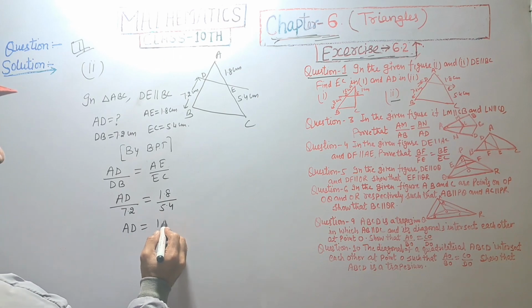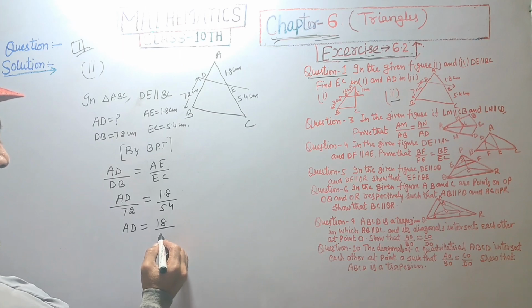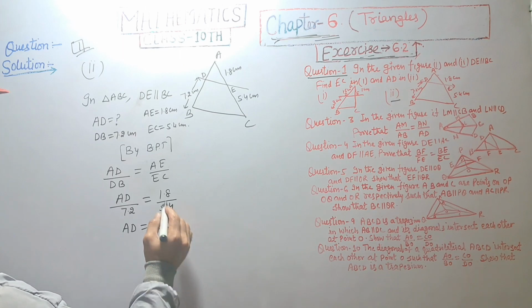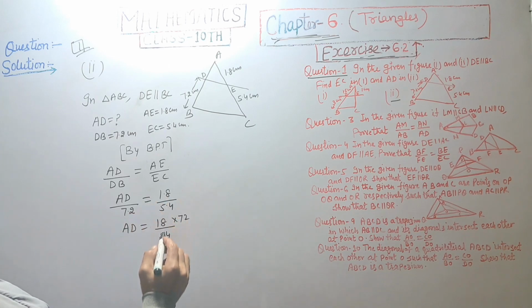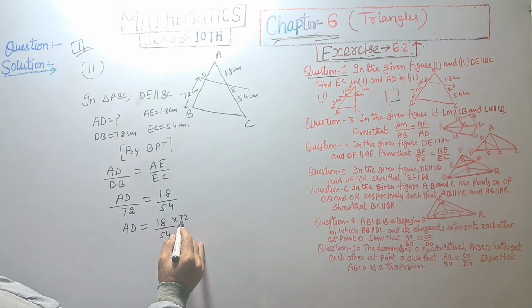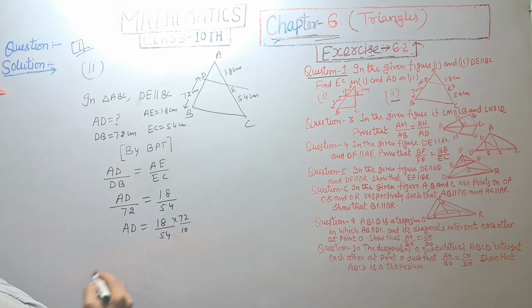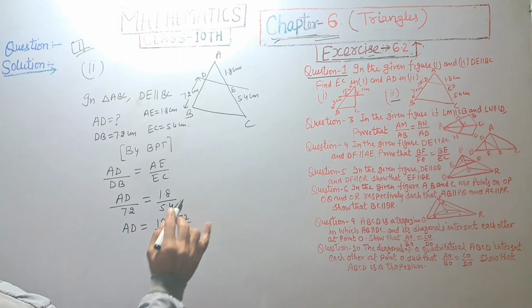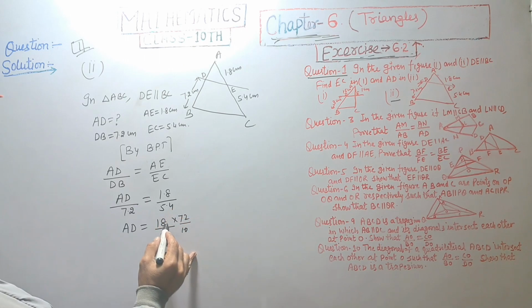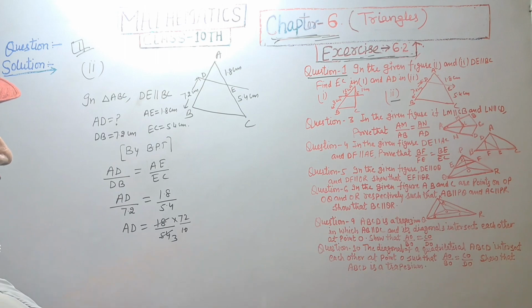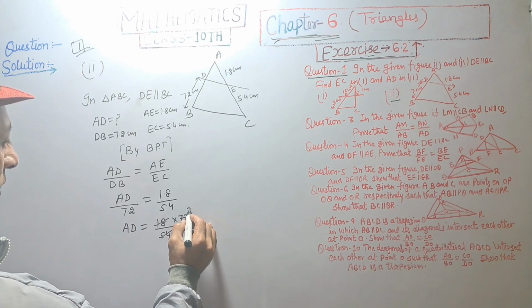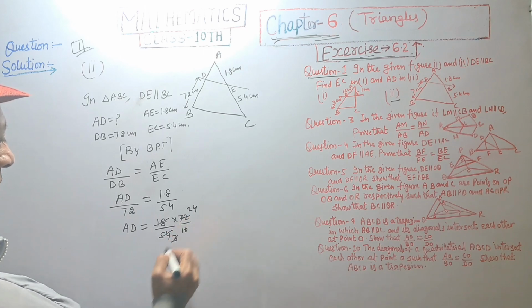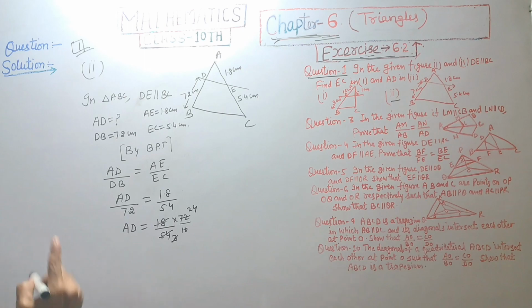AD is equal to 18 upon 54 multiplied by 7.2, that is 72 upon 10, and the point cancels. 18 threes are 54 and 24 threes are 72.